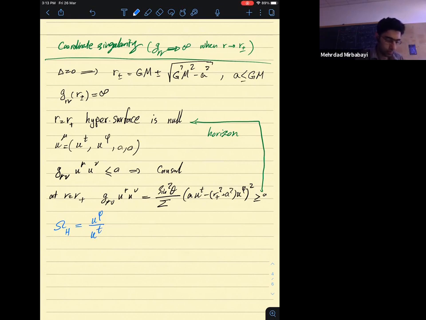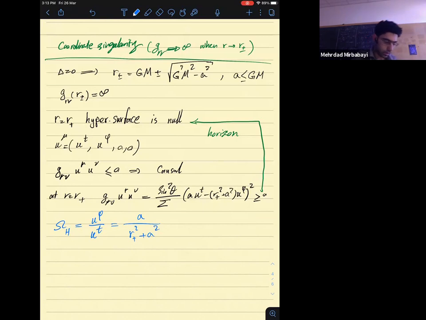Remember, u^φ is dφ/dλ, where λ is our affine parameter, and u^t is dt/dλ. So u^φ by u^t is dφ/dt. This is the proper way to define angular velocity in the coordinates of asymptotic observers, and this ratio is equal to a divided by (r plus squared plus a squared).